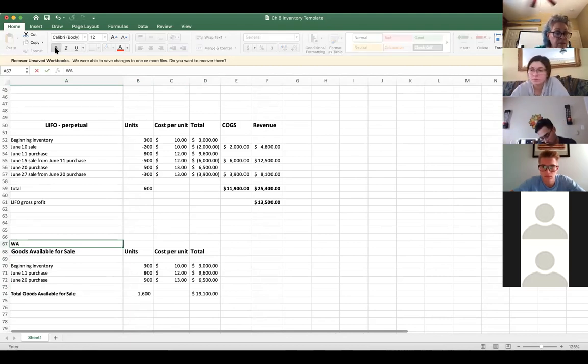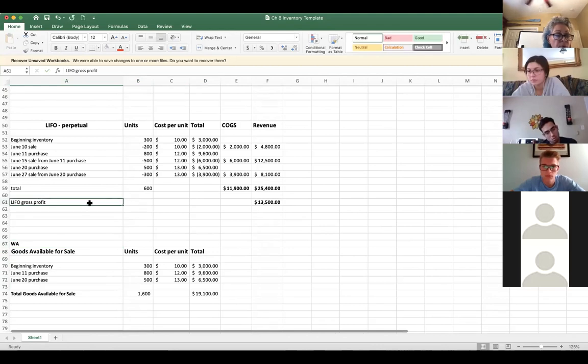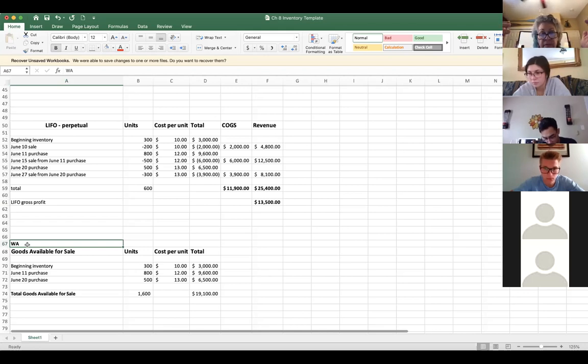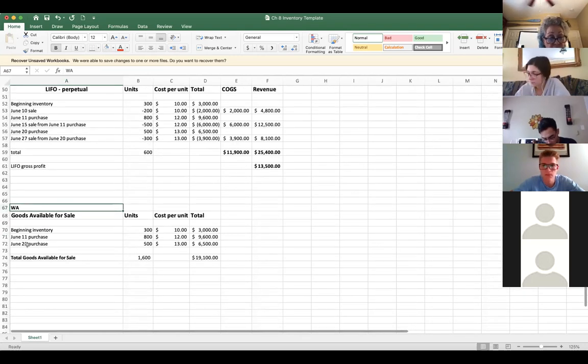And WA is weighted average. Now remember, on weighted average, we're just using the periodic. Under perpetual, you have to calculate a moving weighted average. On Excel, it's not difficult to do, but usually exams are in class, and calculating a moving average while you're timed and stressed gets complicated on the calculator. So for weighted average, you just learn periodic, not perpetual, which requires calculating a moving average.